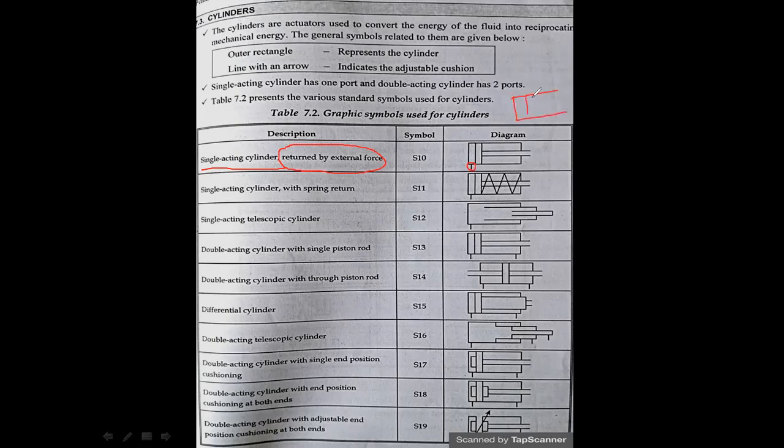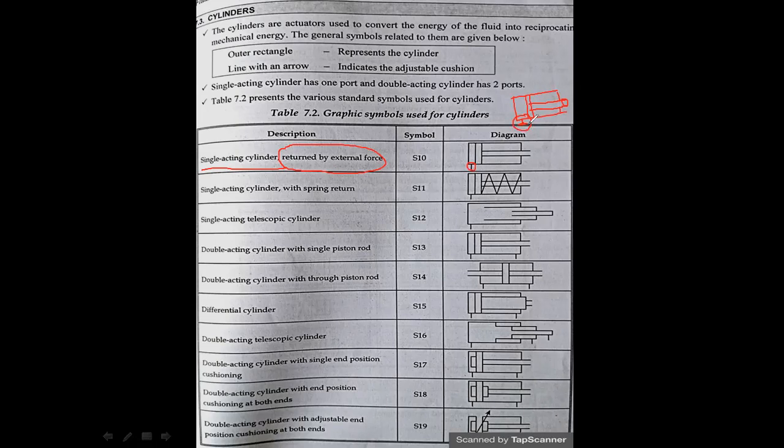The cylinder will be having a connecting rod. So this is a typical cylinder diagram, in which it is enclosed here. And then we're having a symbol here, a T-shaped symbol. So this T-shaped symbol represents that it is a single acting cylinder.